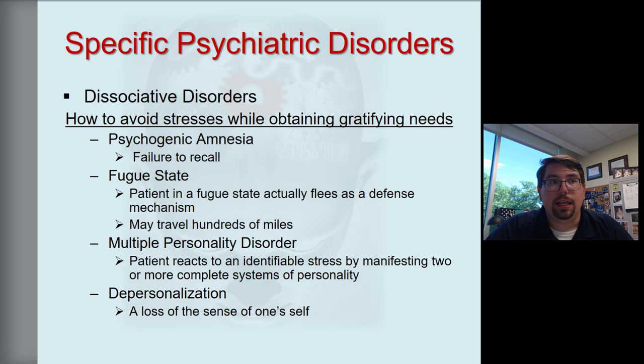They have this concern, problem, they just run, they just flee from it. Multiple personality disorder, this patient reacts to identifiable stress by manifesting 2 or more complete systems of personality. Something that's stressful, they may have a personality that deals with that. Something that's funny or happy or exciting, they may have a personality to deal with that, and vice versa. And then depersonalization is where basically the individual loses their ability to recognize themselves and who they are.